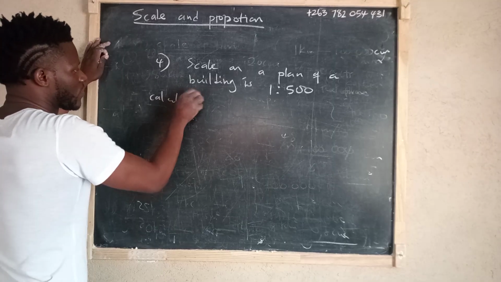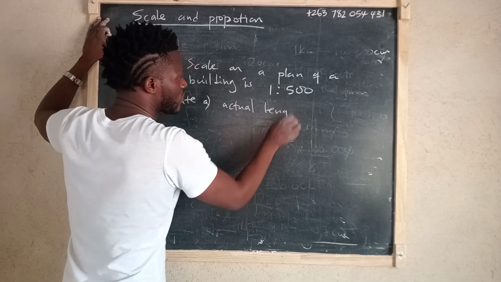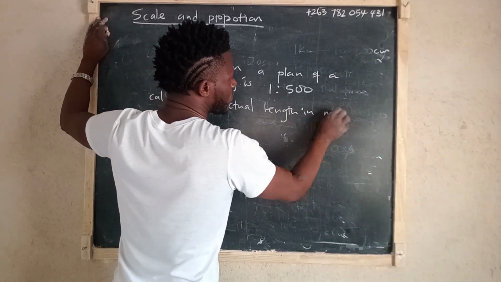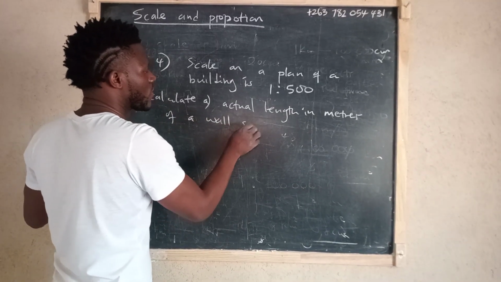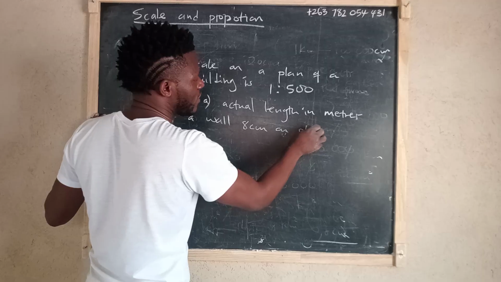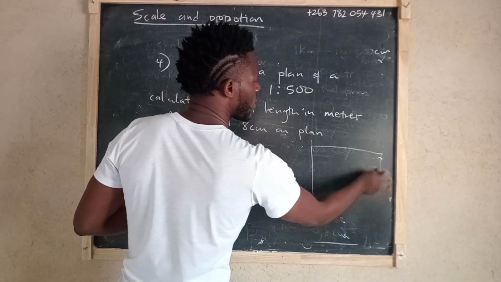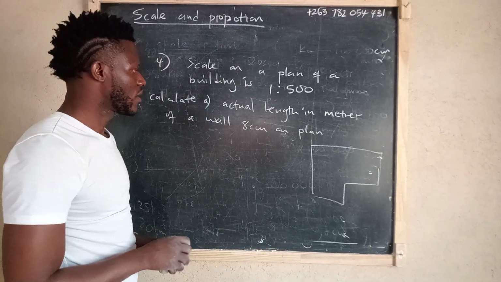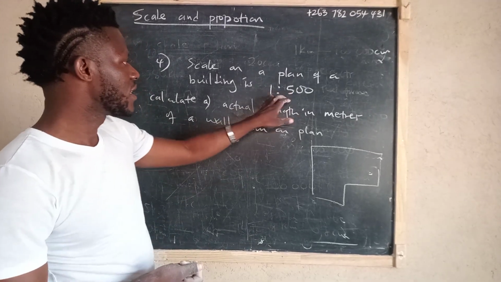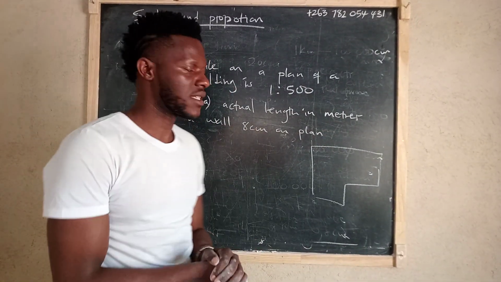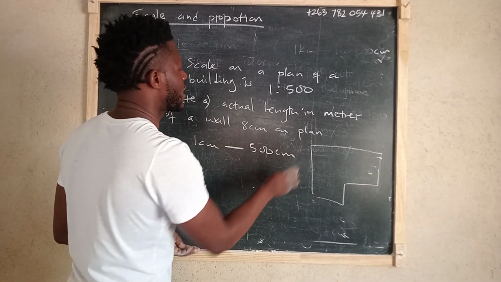Calculate, number A, the actual length in meters of a wall that is 8 centimeters on the plan. As long as the units are not specified, they are both in centimeters. So they are saying 1 centimeter is representing 500 centimeters.